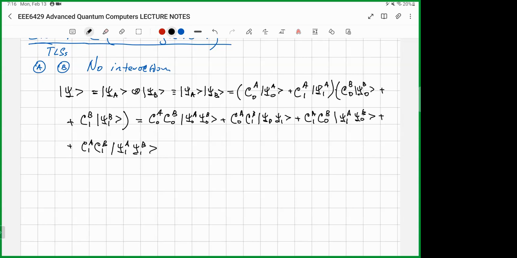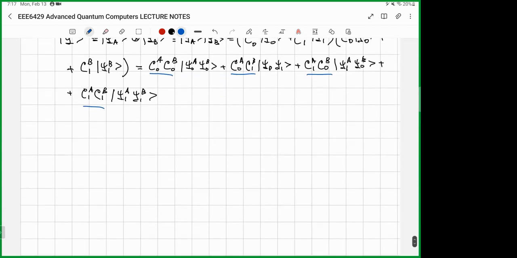So as you can see, the system of two subsystems generates a superposition of four vectors, with four projections onto the corresponding basis vectors.